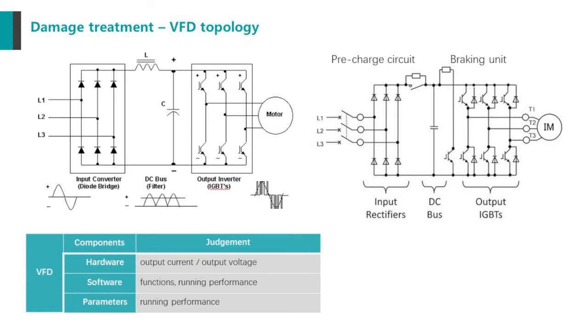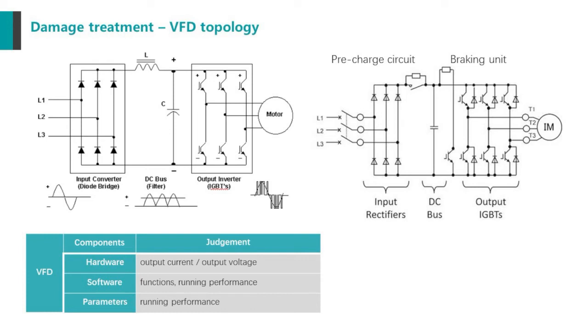If it is a performance problem, like abnormal working, some running frequency cannot be reached, or running performance is not good, this time we mainly consider the software or parameter setting has some problem. But if the inverter could run to 50 Hz and run stably at 50 Hz with load, just sometimes the inverter displays a fault, this time we think the VFD hardware is good.